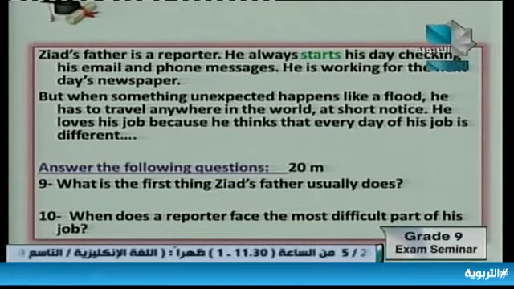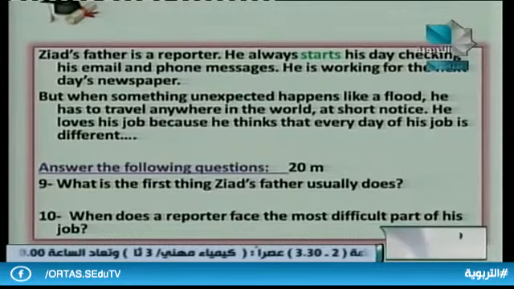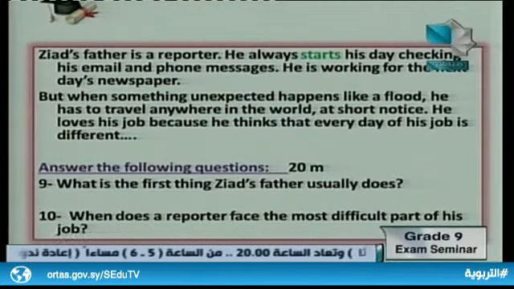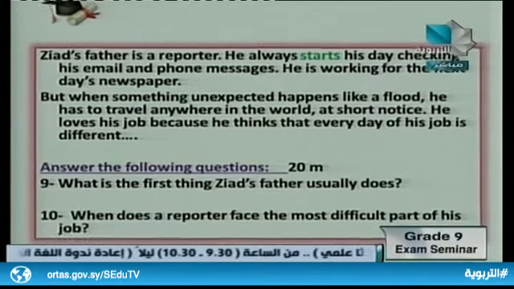If they asked us, what does Ziad's father usually do, and the student writes, he works for the Daily Newspaper, it's correct. He checks his email, it's correct. He travels anywhere, it's correct. But here we have the first thing, so we have a specific answer that we should write on our answer sheet.